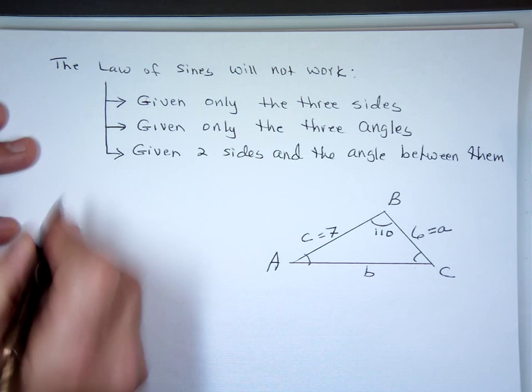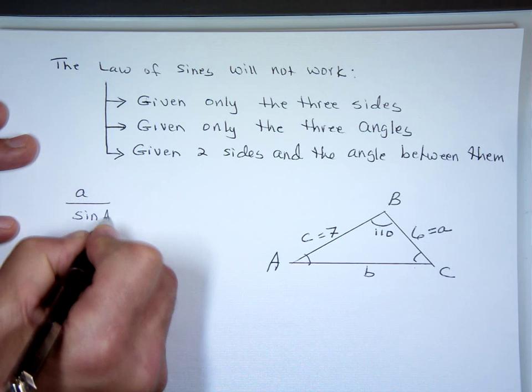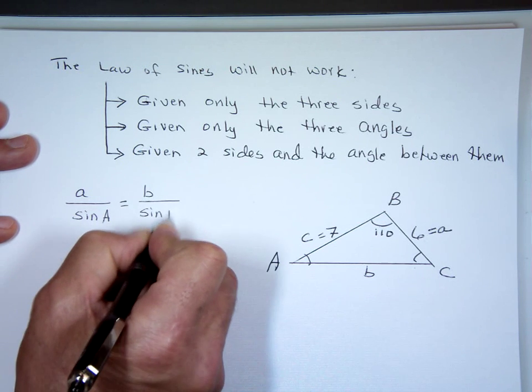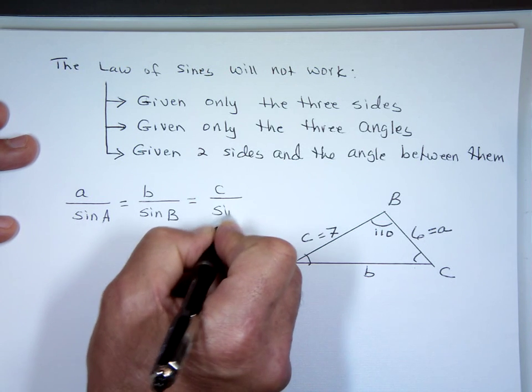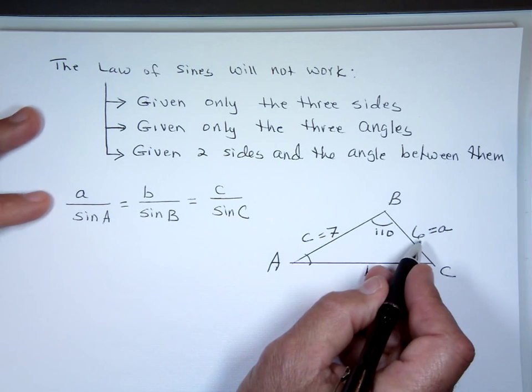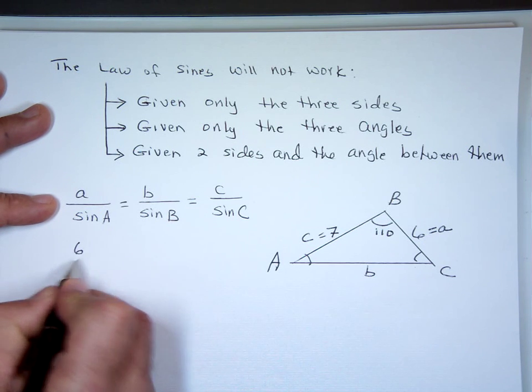A over sine A, the law of sine, equals B over sine B equals C over sine C. A is what? 6 over sine of A, which is unknown.